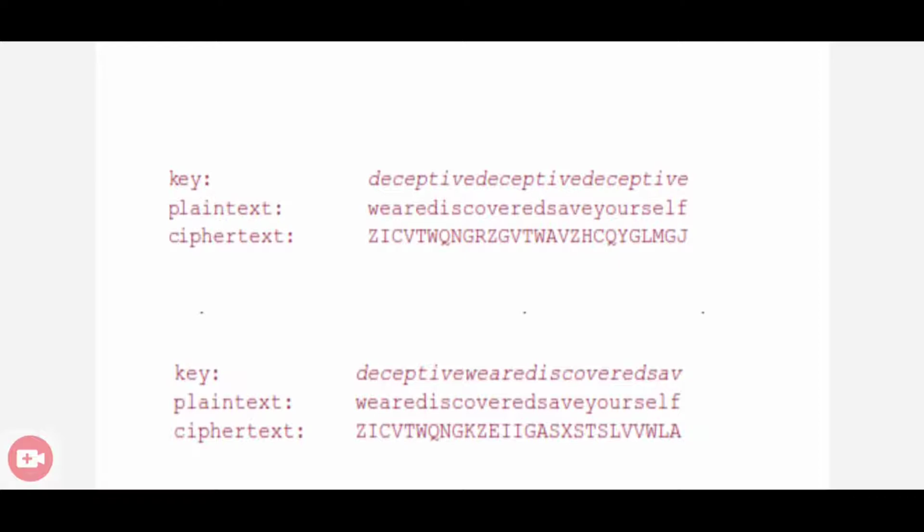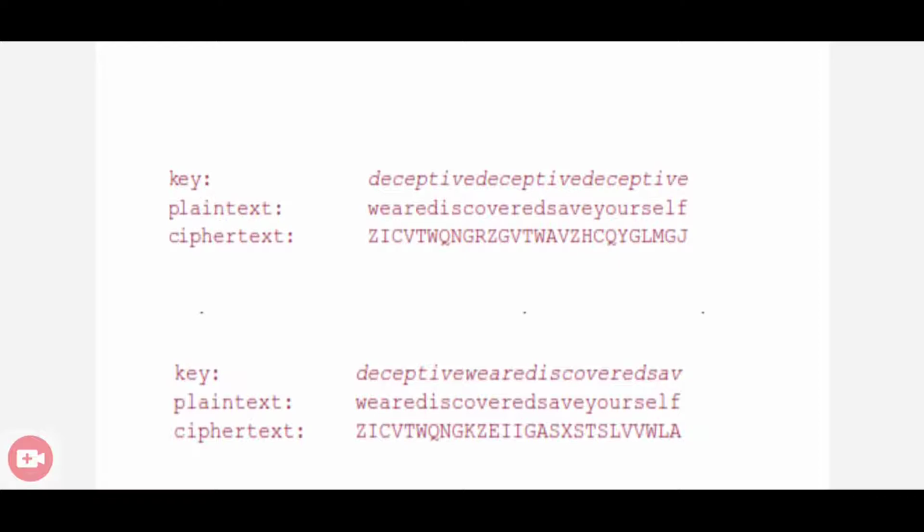First figure. Then by using the table that we had already discussed, that is the Vigenere table, we can choose the monoalphabetic rules for each key and plain text pair to convert it into cipher text.